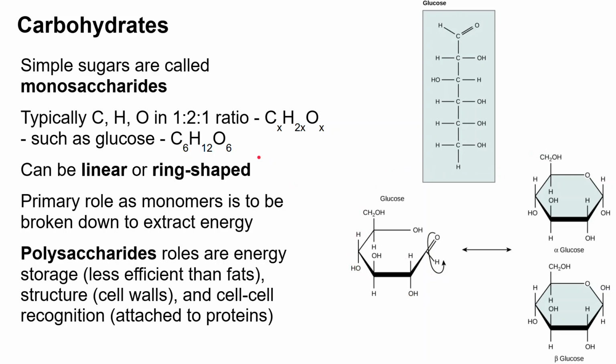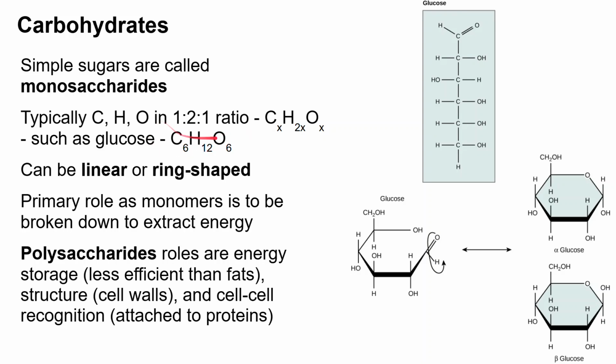All right, now typically we see our carbohydrates as carbon, hydrogen, and oxygen primarily. Occasionally you get some other things in there, but the primary thing is carbon, hydrogen, oxygen. Usually if you have anything else on there, it's kind of stuck to the outside, right? And it's in a 1 to 2 to 1 ratio.